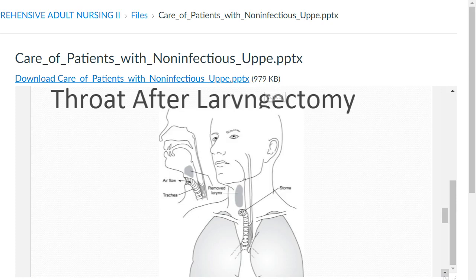Prognosis with small laryngeal cancers without evidence of spread to the lymph nodes is about 75 to 95%. Recurrence is about 2 to 3 years after diagnosis.